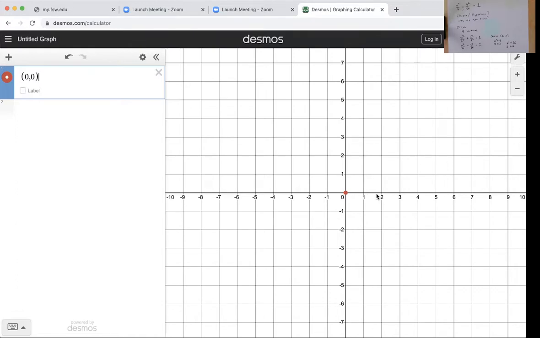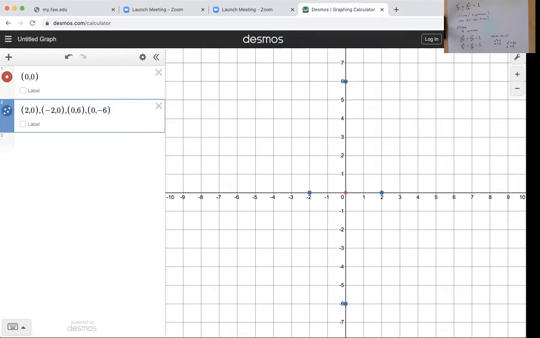So 2 units to the right to 2, 0, 2 units to the left, negative 2, 0. And then we had to go 6 units up and 6 units down. So from 0 up 6, so 0, 6, down 6, 0, negative 6. So those are the 4 vertices.